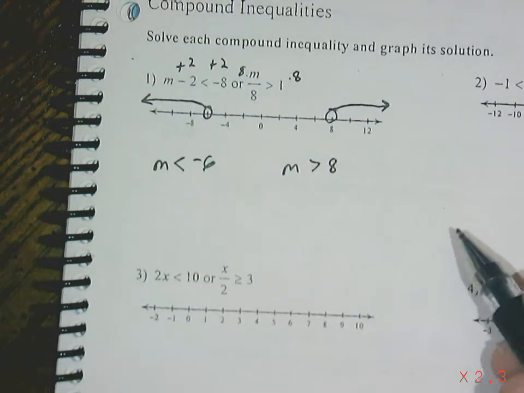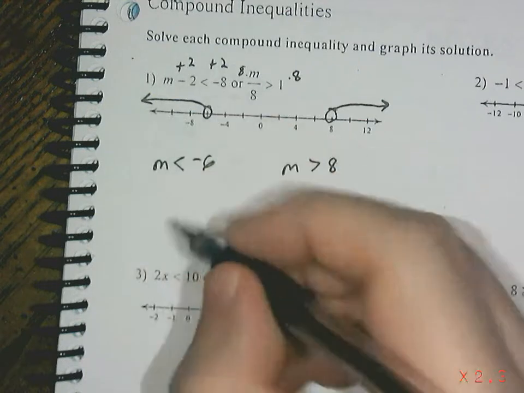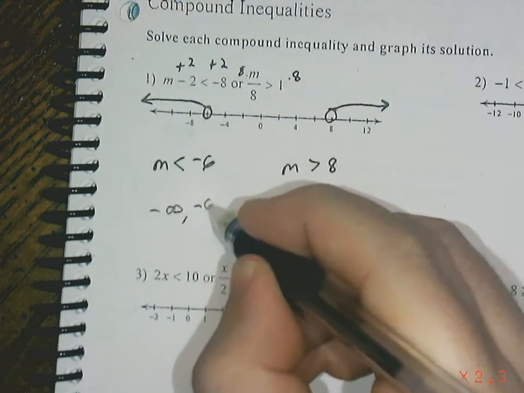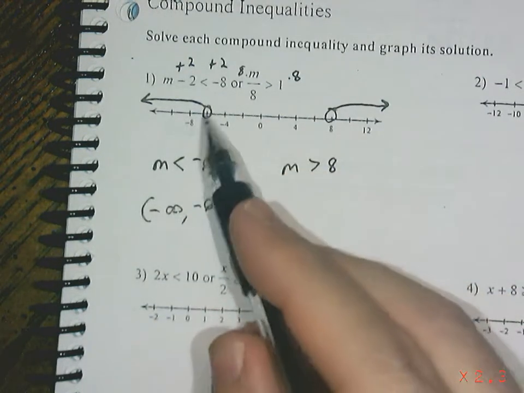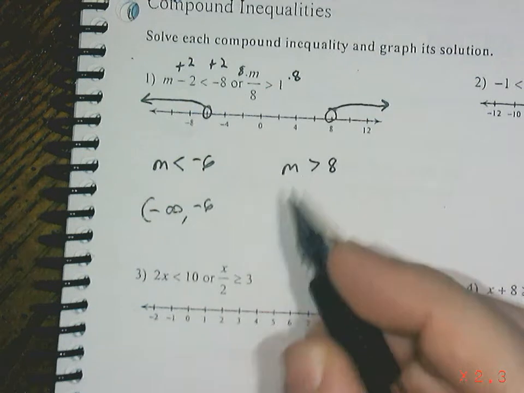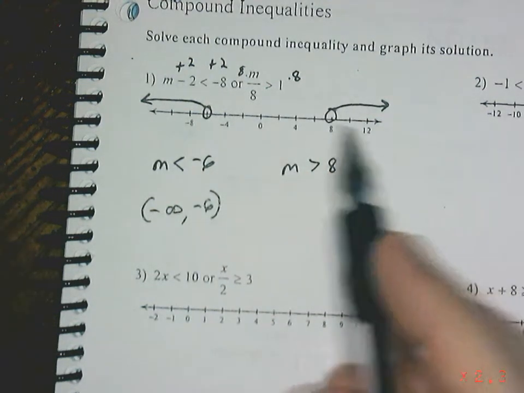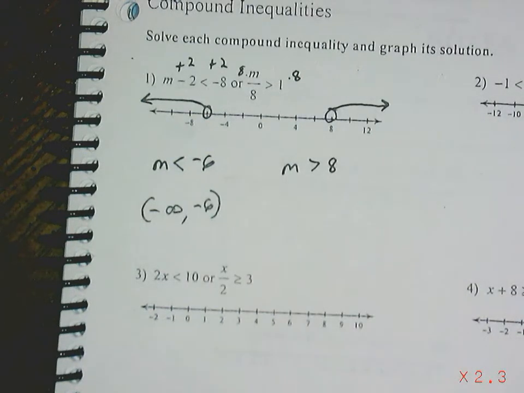When we look at this one, the least number in this interval is negative infinity, right? Greatest number is negative 6. Infinity always has a parenthesis. Negative 6, that's an open circle. It's not actually equal to, so it has a parenthesis as well. And then because these are part of the same problem and they're on the same number line, we have to show that they are combined.